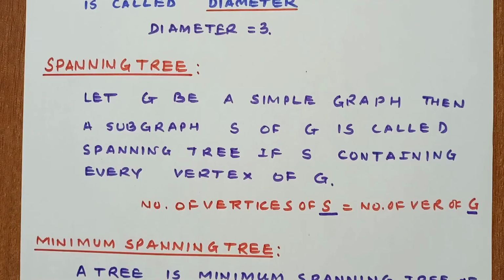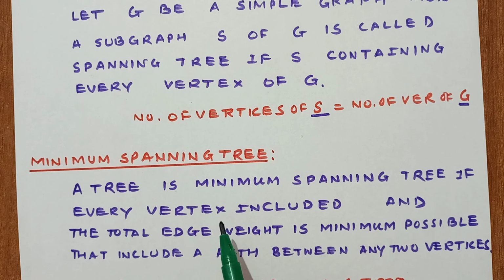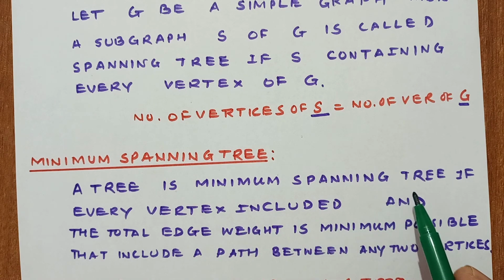Minimum spanning tree. What is a minimum spanning tree? A tree is a minimum spanning tree if every vertex is included and the total edge weight is minimum, while still including a path between any two vertices.